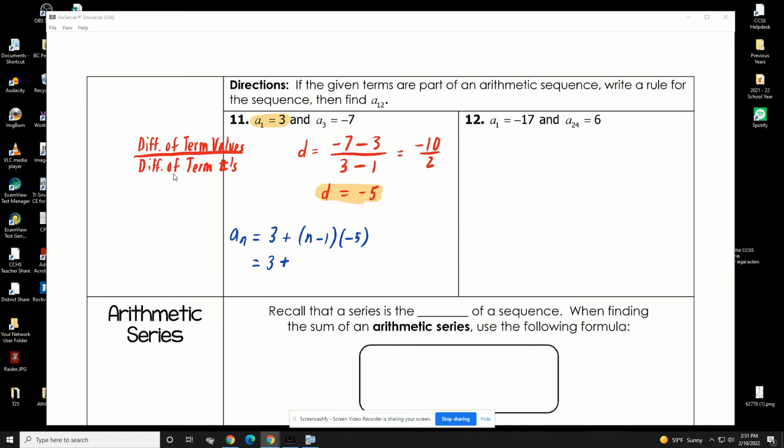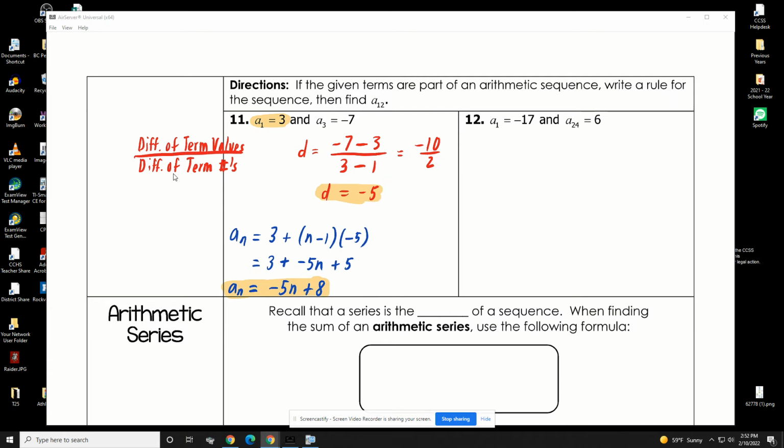I'm going to distribute the negative 5. Negative 5 times n, negative 5n, and negative 5 times negative 1 is positive 5. Once again, I'm going to put my variable term first. That's negative 5n. And then positive 3 plus 5 is positive 8. So there it is. That is my explicit formula for this particular given sequence.